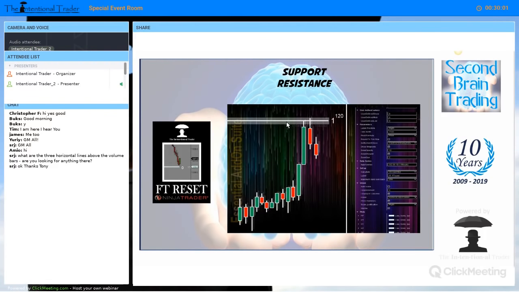This has been an area of support and resistance that people have looked at for years, and the only reason support and resistance works is because people believe it does. That's the only thing that causes price to stop and turn in certain areas.